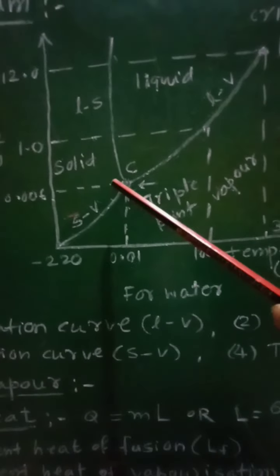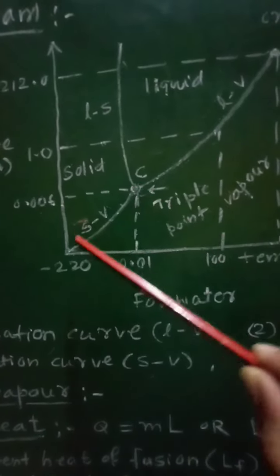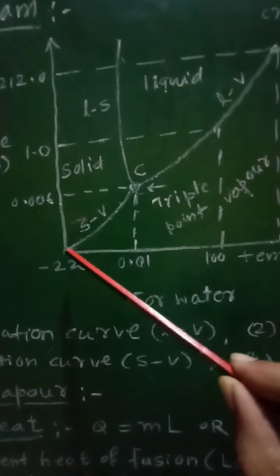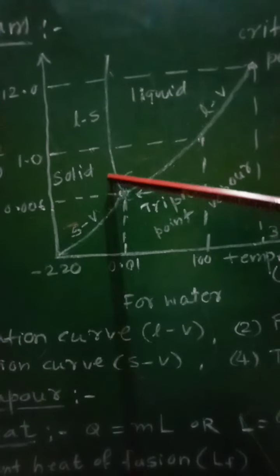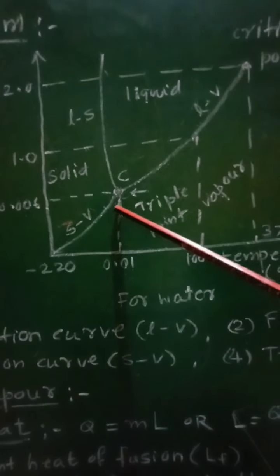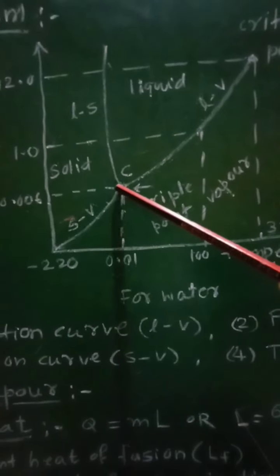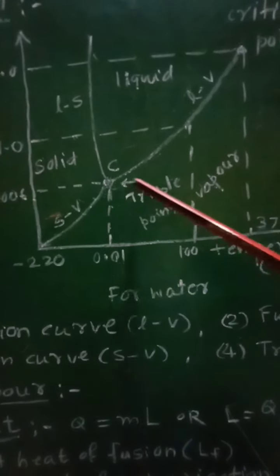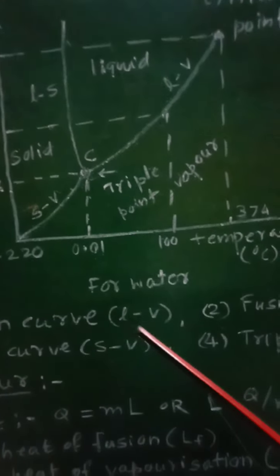That means in the case of water, there is this point C at which the sublimation curve, the vaporization curve as well as the fusion curve, all three curves meet at a single point C, which is called the triple point of water.